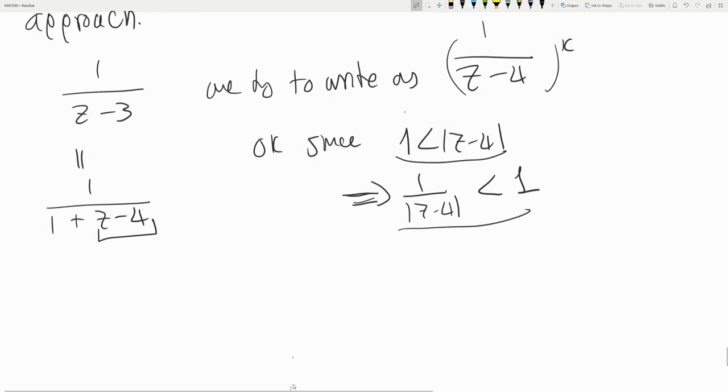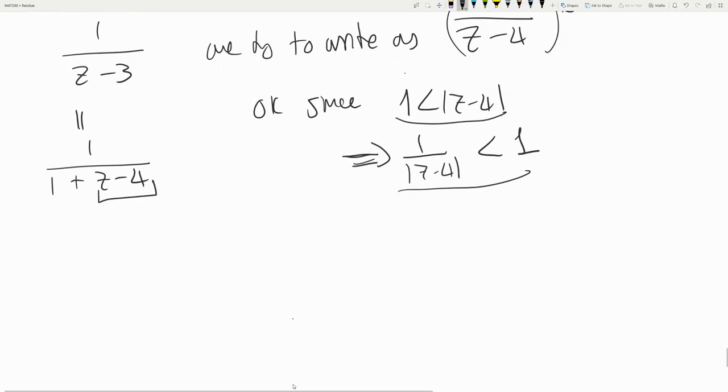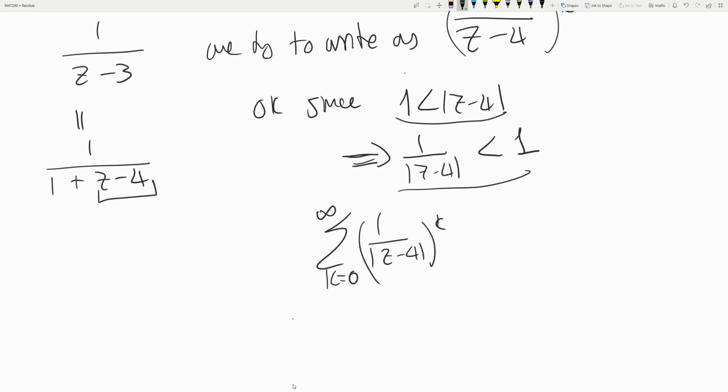Okay, what does that mean? It means that the summation of (1/(z-4))^k, starting from 0, you can apply the geometric series. Okay, so let me put a minus here.